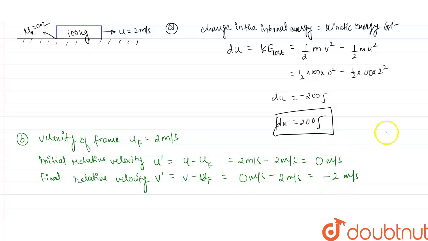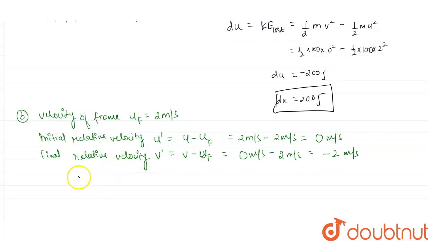Correct. Now when we calculate the increase in the kinetic energy, it will be equal to the final kinetic energy minus the initial kinetic energy. Taking half m as common, it will be v dash square minus u dash square.